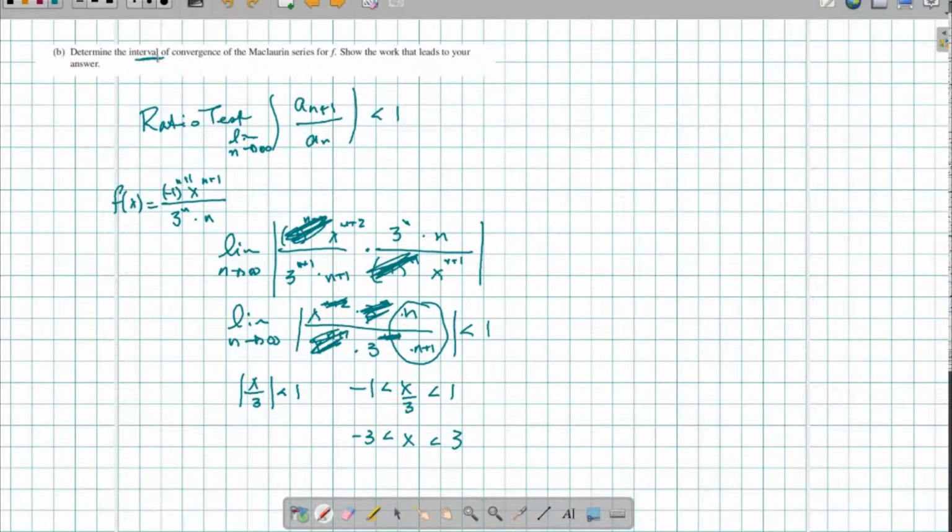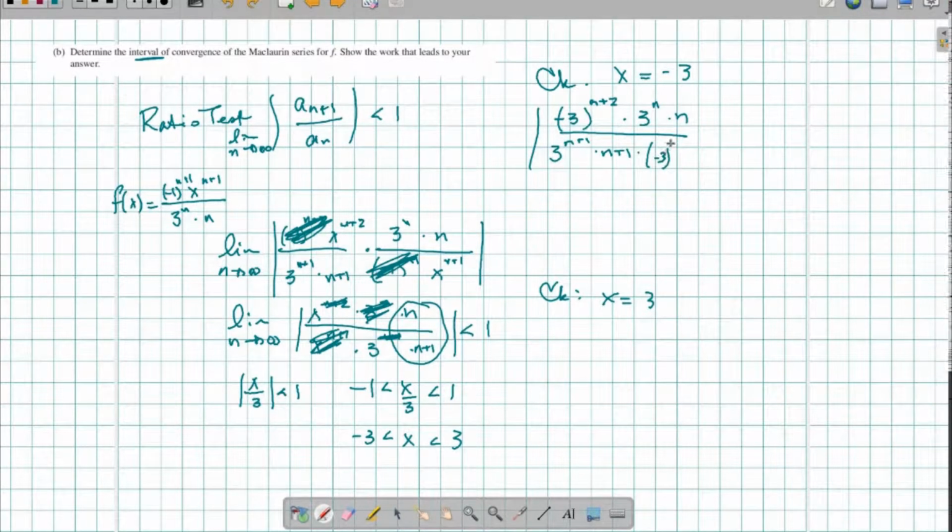Now I'm looking for the interval of convergence, so I am going to have to check my endpoints. I'm going to see what happens when x is negative 3, and I'm going to see what happens when x equals 3. If x is negative 3, then I end up with negative 3 to the n plus 2 times 3 to the n times n over 3 to the n plus 1 times n plus 1 times negative 3 to the n plus 1.